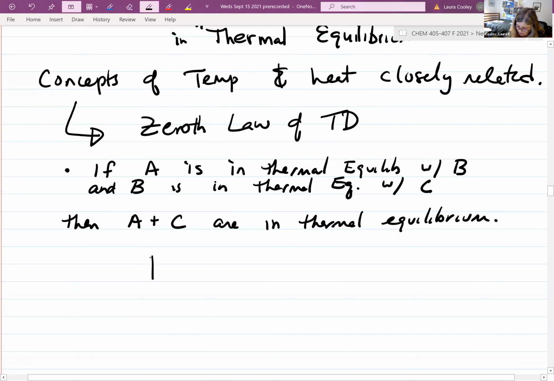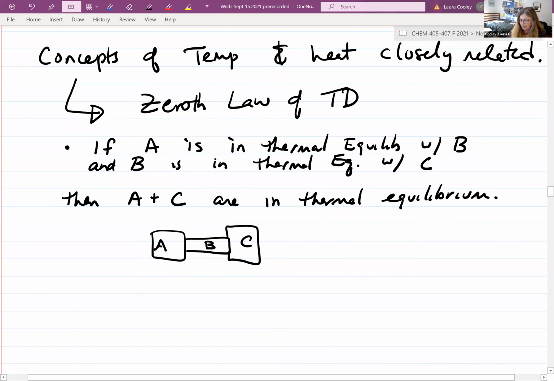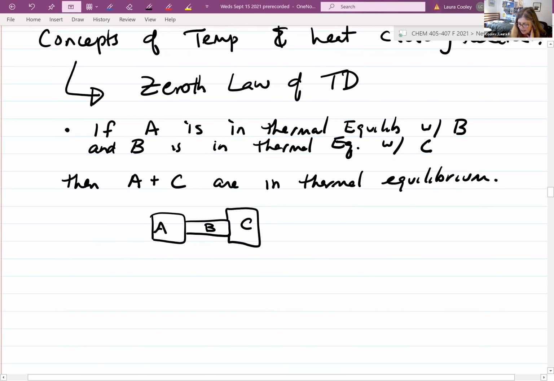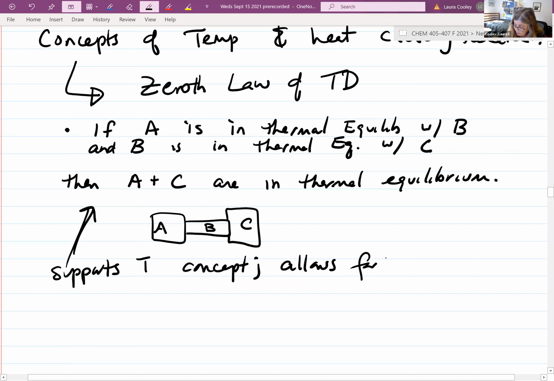Okay, so I guess you could picture that as A, B and C sort of lined up here. But I believe that this whole idea doesn't just refer to things that are next to each other. This kind of supports the temperature concept, but also allows for thermometer use.